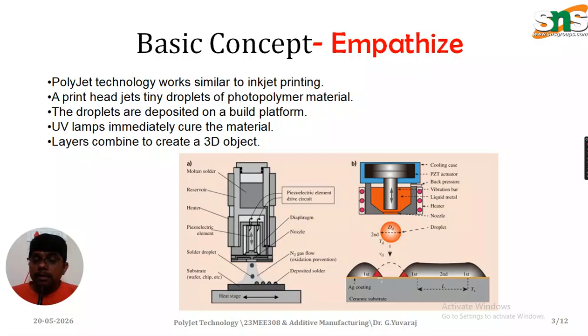The entire diameter is studied before the drop strikes the surface and after the drop strikes the surface. Accordingly the UV lamps immediately cure the material. These layers combine to create a 3D object, and the droplets are deposited onto a build platform.